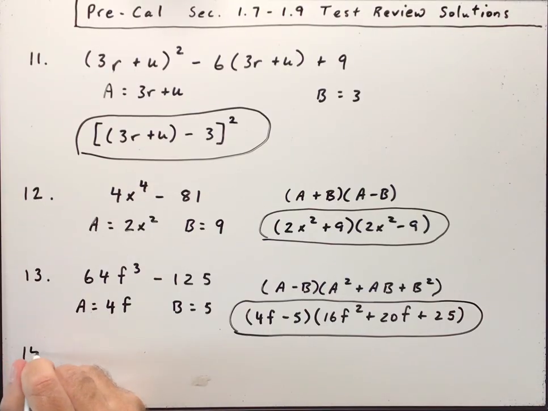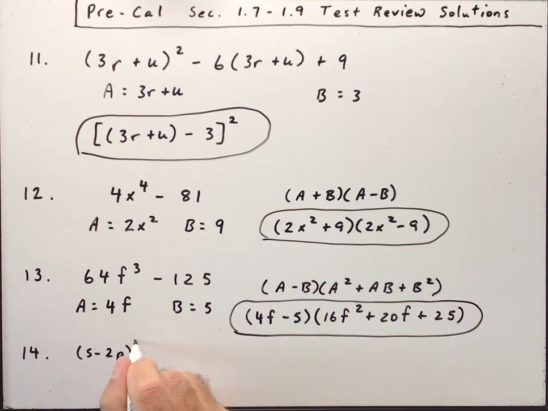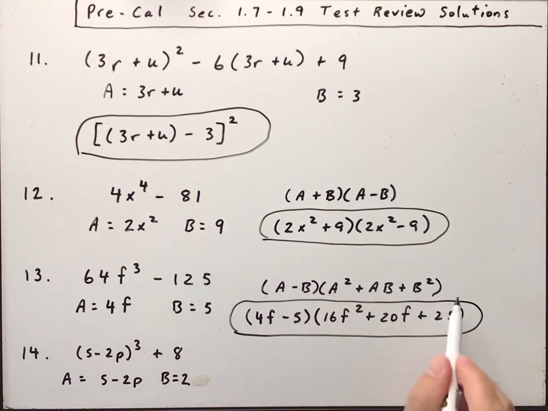Let's see if I can squeeze number 14 in here. So we've got (s minus 2p) all cubed plus 8. These are also two perfect cubes. This time it's a plus. So a is s minus 2p, and b is the cube root of 8, which is 2. So our formula is right up here. It's going to be a plus b this time. So I'm going to use a bracket since we have a quantity in parentheses.